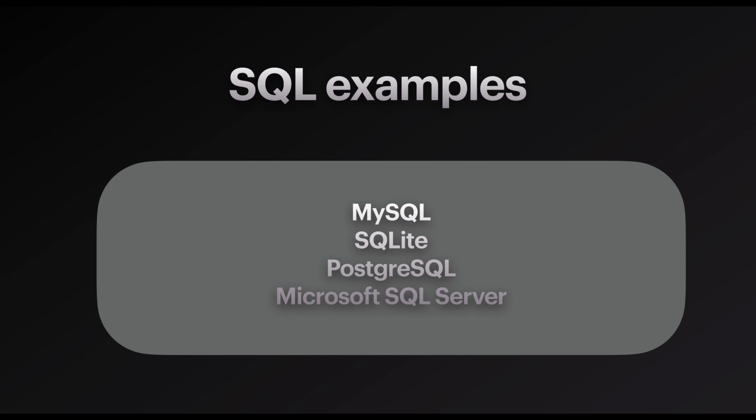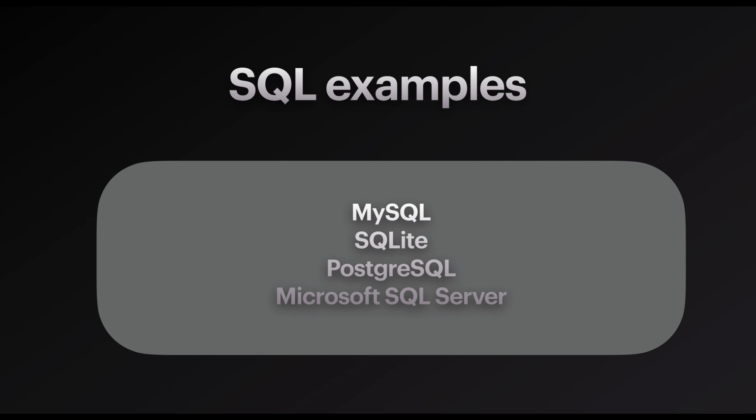And what types of SQL have we got? First of all is MySQL, which is an open source relational database, and it's widely used in the industry. The next one is SQLite, which is a C library that provides a lightweight disk-based database, so it's like the lightest version of SQL that is available.